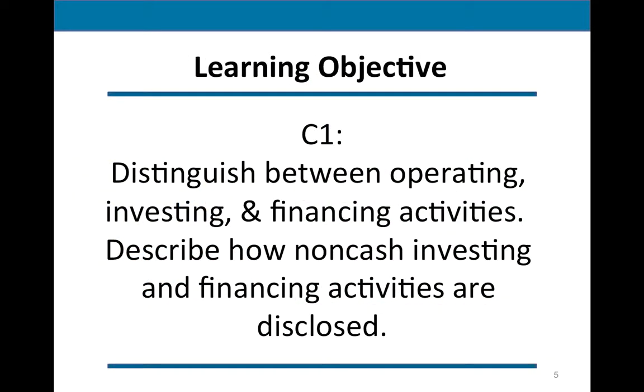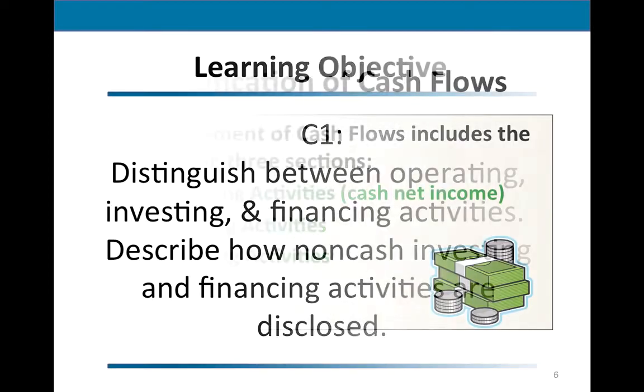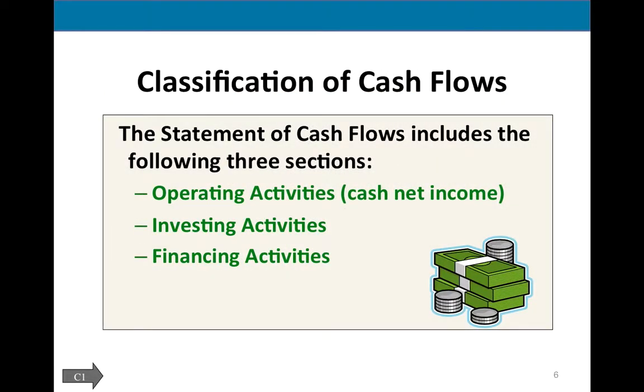So let's distinguish between three types of cash activities: O, operating; I, investing; and F, financing. Simply speaking, I want to mention that investing activities would mostly include our buying or selling long-term assets for cash.